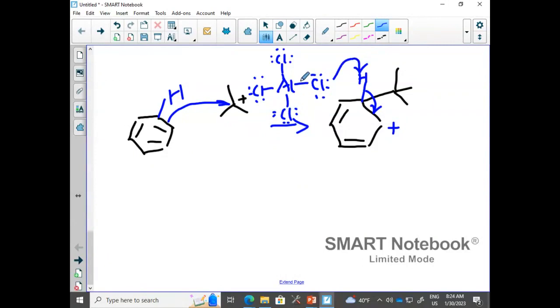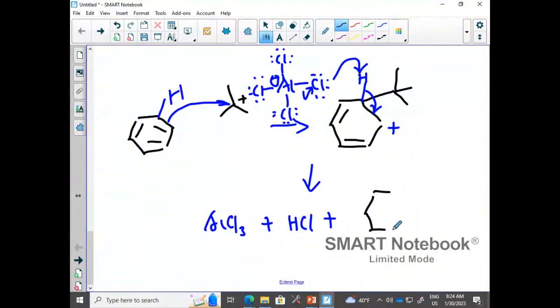And obviously this one originally has a negative charge, then goes to here, and gives you the final product: aluminum chloride as a catalyst recovered, HCl, plus the final product, the alkylated benzene.